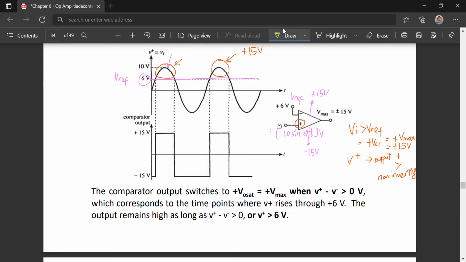Okay, and then if you have Vin less than Vref, here you will get negative Vmax. So here 1, 2, 3. So here you will get minus 15 volt, V out.